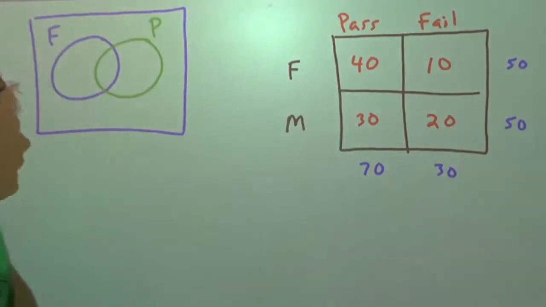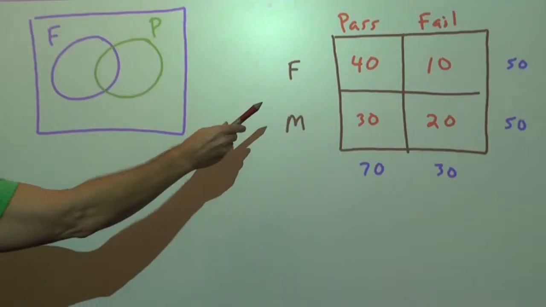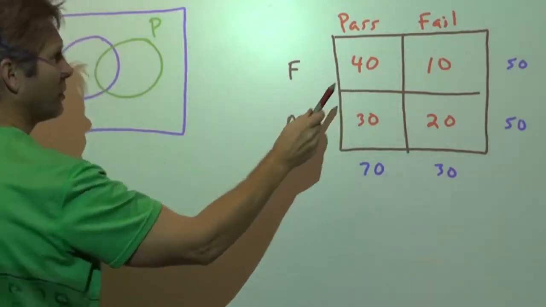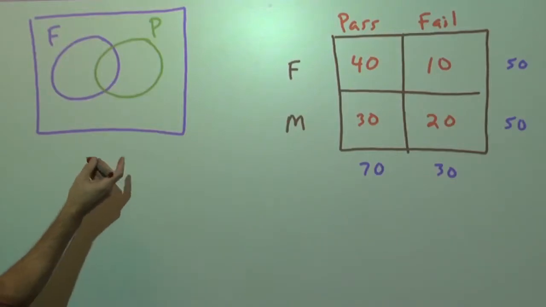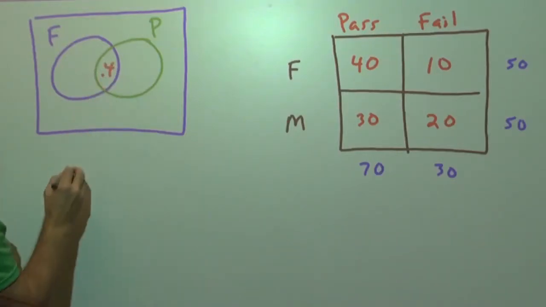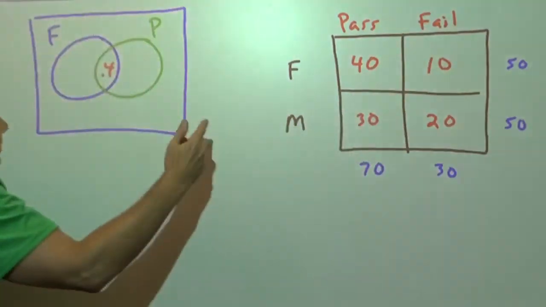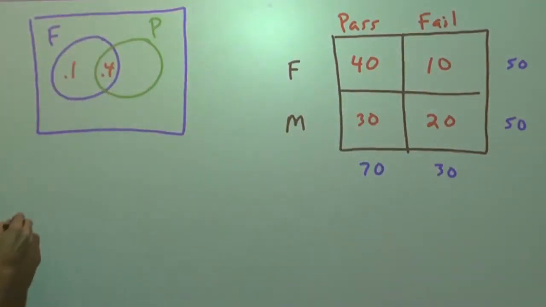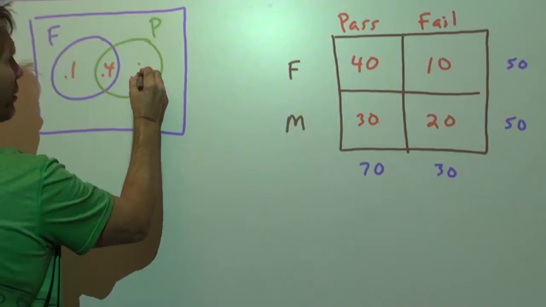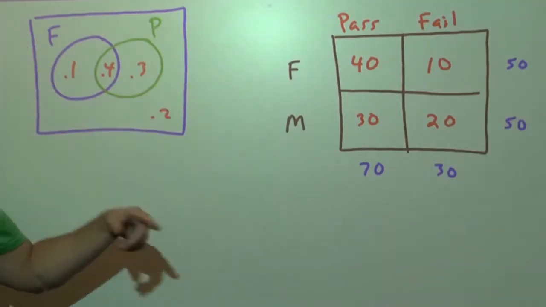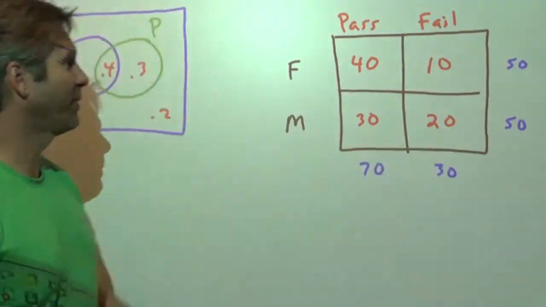If we look at the Venn diagram and the two-way table, we remember that 40% of our people taking the test were females that passed it, so that 0.4 goes there. Only 10 out of 100 people were females who didn't pass it, so this would be 0.1. This is 0.3, and this is 0.2. These are the males who failed the test. 20 out of 100 males failed the test.